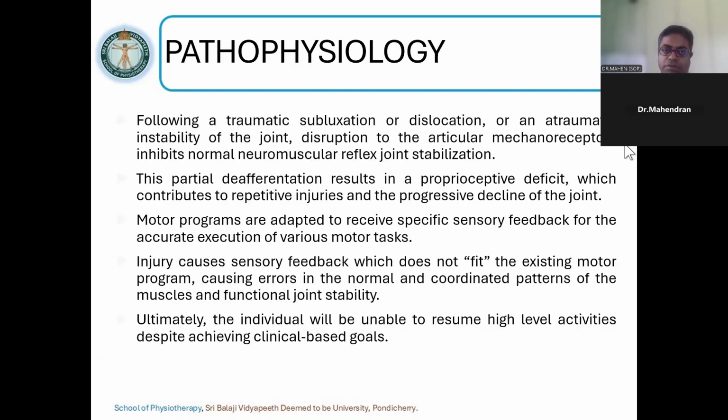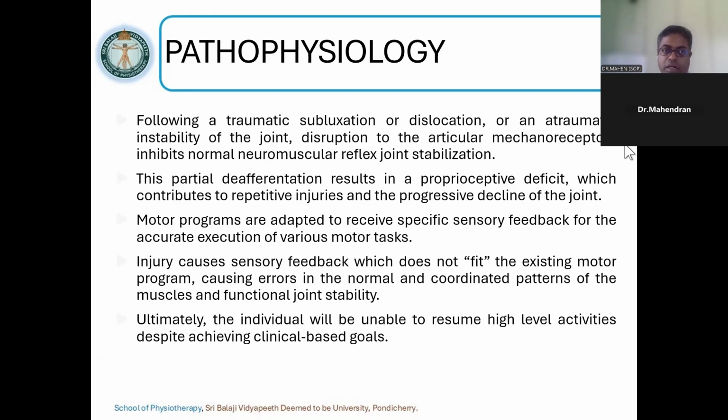So what about the pathophysiology of joint injury? Normally, if any joint gets injured, we think of what structure was involved. For example, I would say ligament injuries or meniscus injuries, or sometimes bone injuries or cartilage injuries. So these are all the things we normally look for.